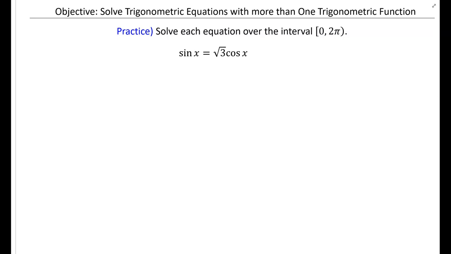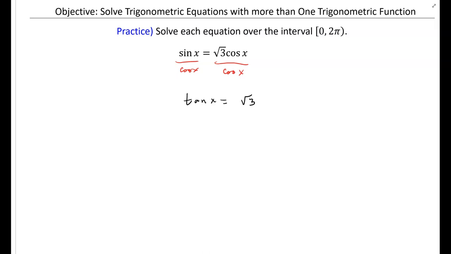All right, hopefully you tried this one. If you go ahead right away, I can't subtract anything or move anything. So right away we're going to divide each side by cosine of x. So we get tan of x is equal to square root of 3. On this one specifically, I wanted to isolate the square root of 3, so that's why I divided by cosine of x.